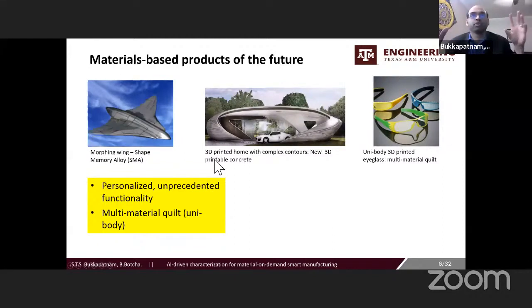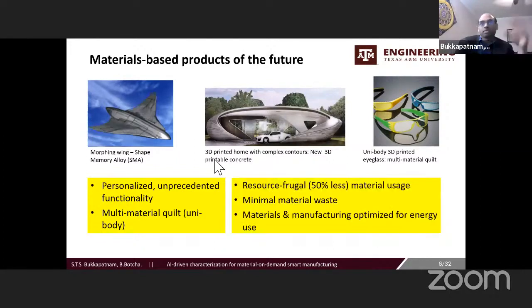And you can actually put, quote unquote, multiple materials, quilt them together to make your product. And that can lead to a lot of advantages, especially for people who are conscious about the environment, very frugal, minimal material wastage, and also optimized for energy. So there are lots of interesting possibilities that will emerge through the use of this material on demand paradigm.